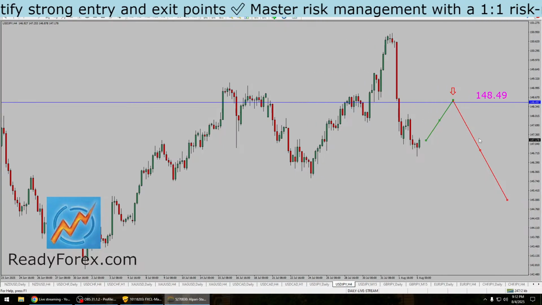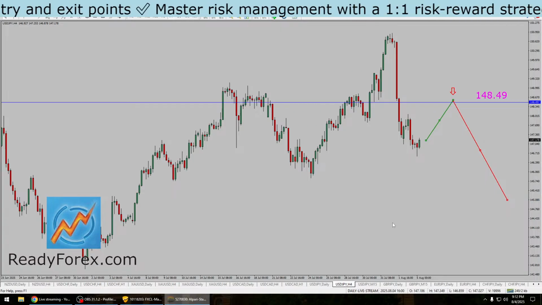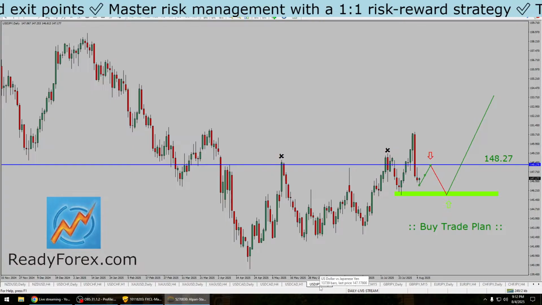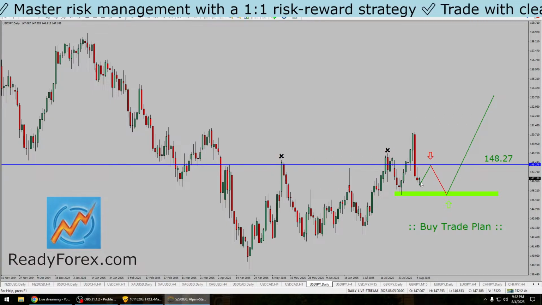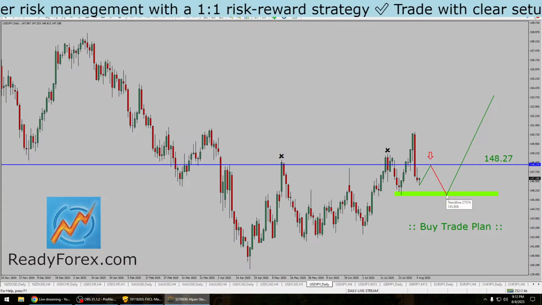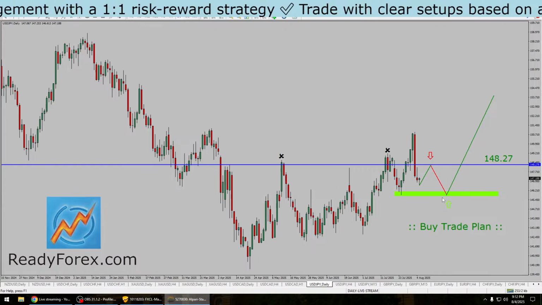Some traders are short-term traders, they look for intraday type trades. For example, over here, the daily chart of the US dollar yen currency pair suggests that we have a buy trade plan down over here. I've even marked a green color arrow over here.